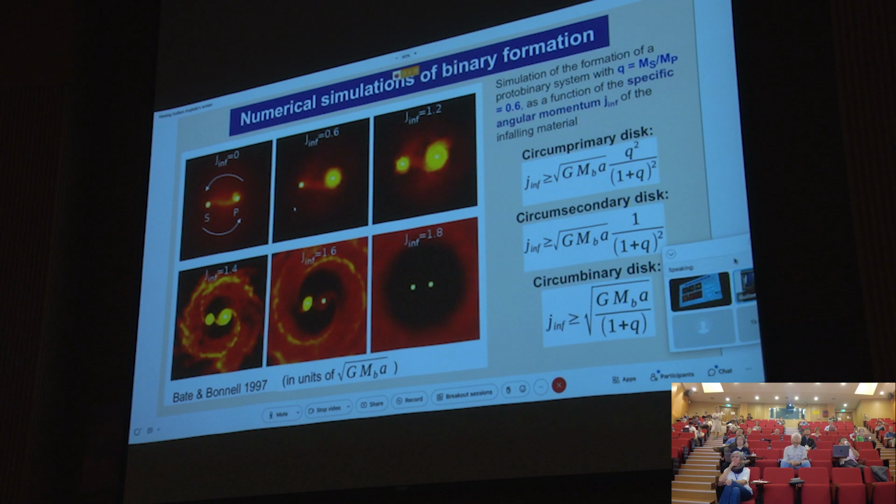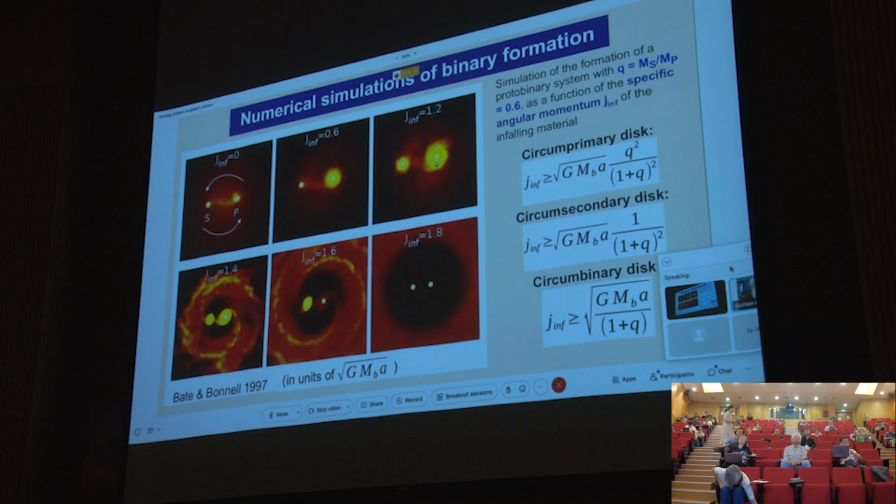As the angular momentum increases, circumstellar disks are formed around both the primary and the secondary star. And if the specific angular momentum is still higher, then it starts to form a circumbinary disk surrounding both protostars. So it depends essentially on these parameters.